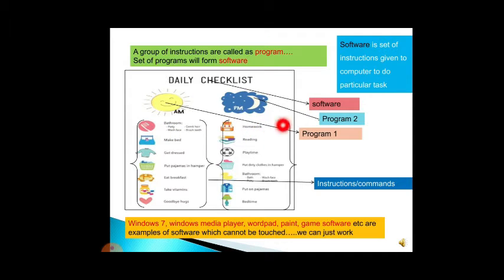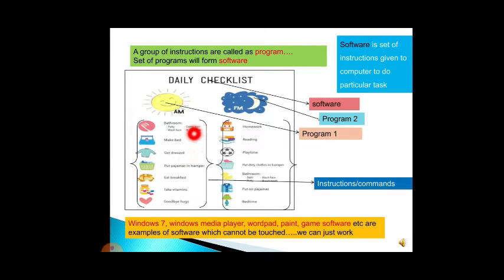Hope you are clear about the programs. These are some of the instructions. You need to get dressed nicely. You need to make the bed. After going to the bathroom, you need to make the bed, then only get dressed.